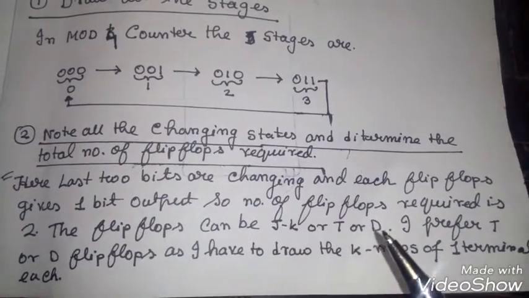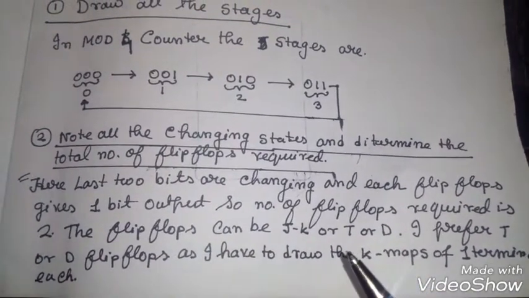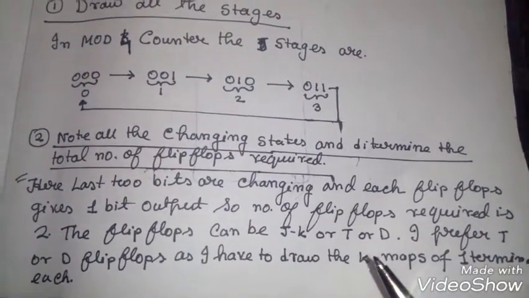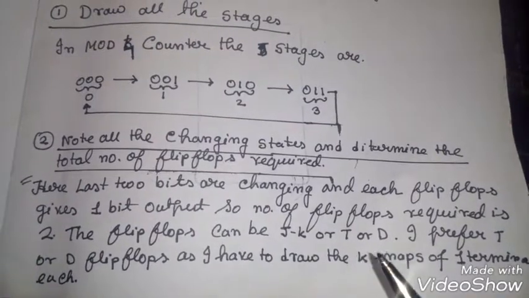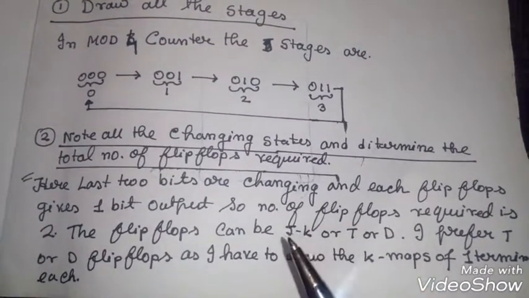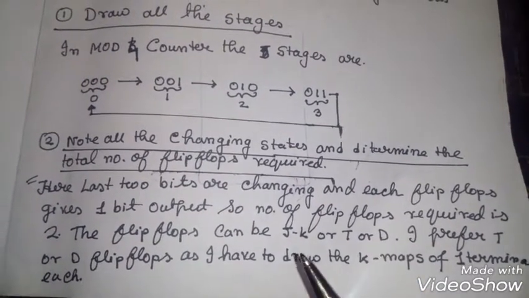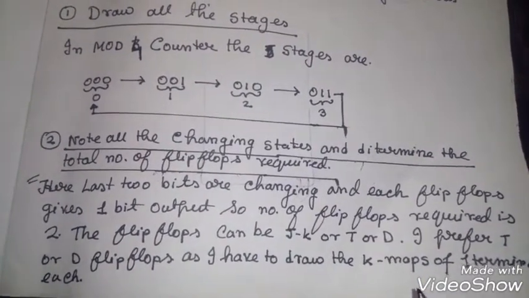But with T or D flip-flops, I have to draw only the K-maps of T or D. So this is one advantage of using T or D flip-flops in a synchronous counter. In an asynchronous counter, we can make the circuit only with the help of JK flip-flops.